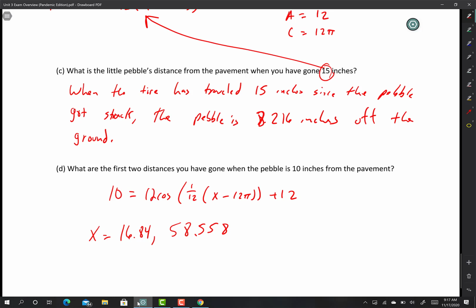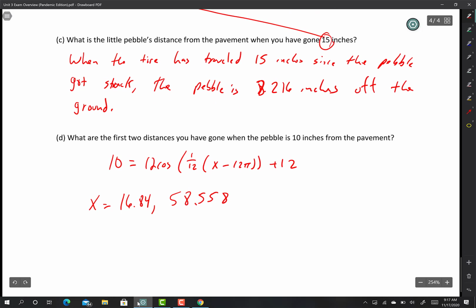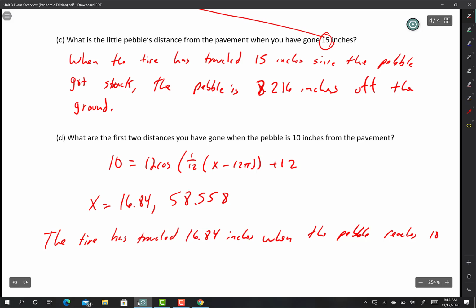And remember what you're doing, guys. It says, what are the first two distances you have gone when the pebble is 10 inches from the pavement? So I'm going to put: the tire has traveled 16.84 inches when the pebble reaches 10 inches off the pavement, going up.